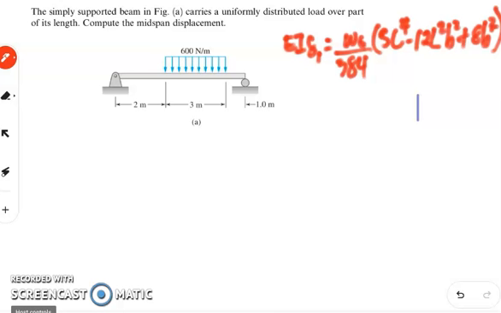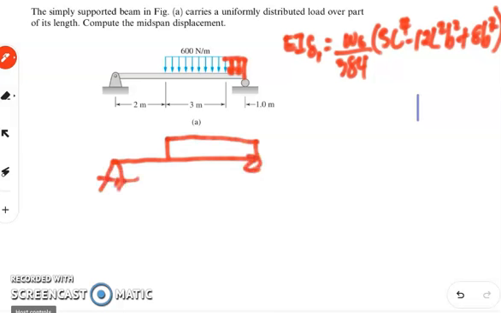If you compute the deflection, you have this equation for our beam. However, this formula is applicable only if the uniform loading extends up to the support. So we have to extend our uniform loading to the support, which means we will have this illustration for our beam, so that we can make use of the equation.